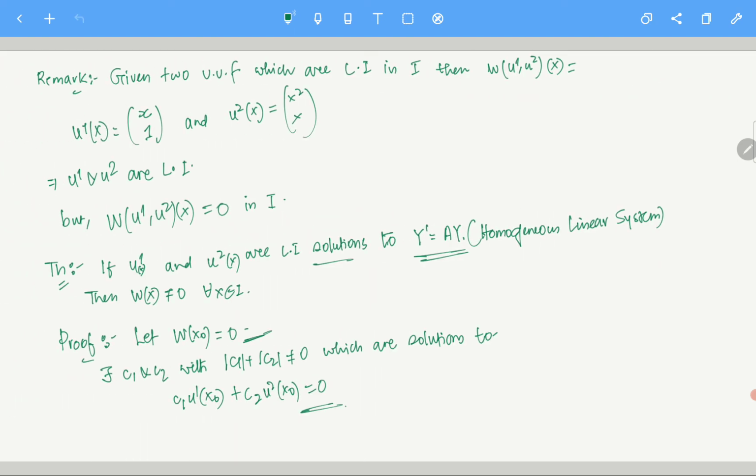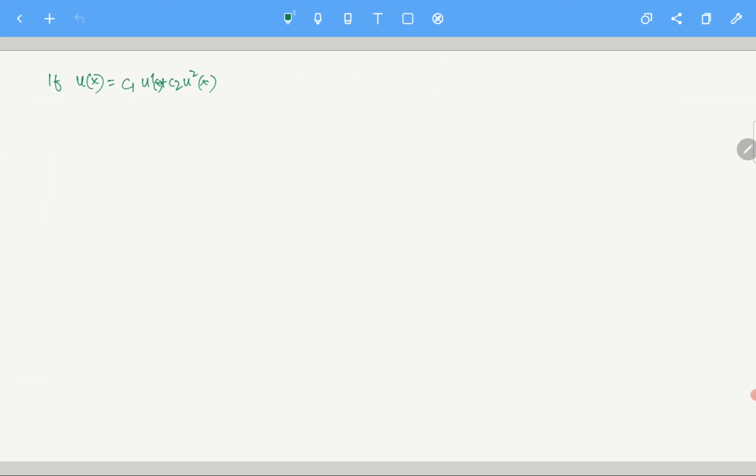If u1 and u2 are solutions of this problem, so u1 prime equals A u1 and u2 prime equals A u2, then by the principle of superposition, what can you say? That u prime equals A u. You understand that u is a vector valued function, so u has two components here. So u prime equals A u, by superposition. Clear?